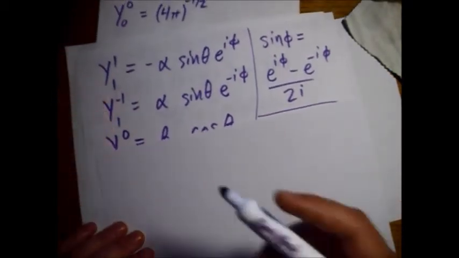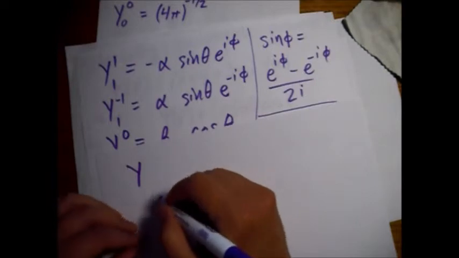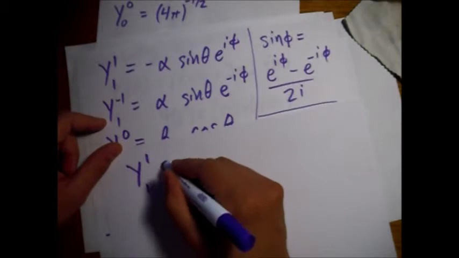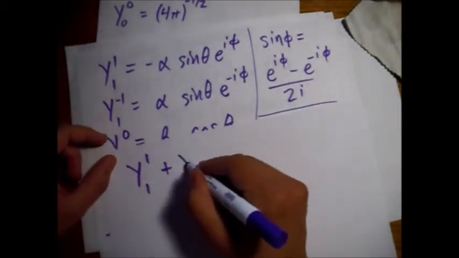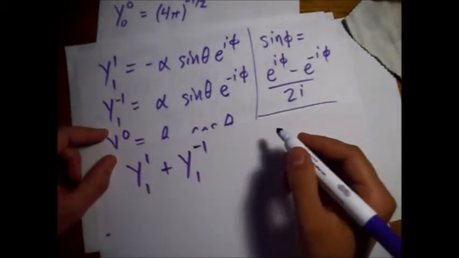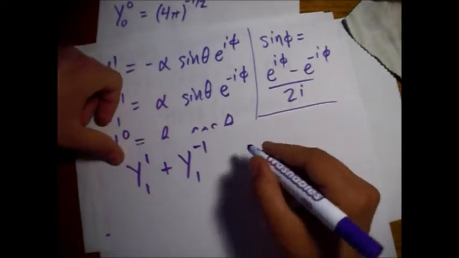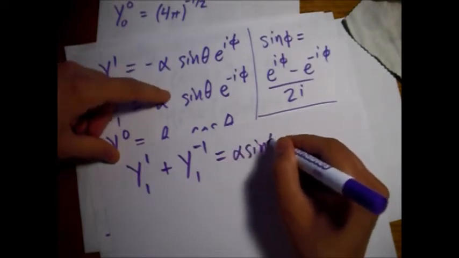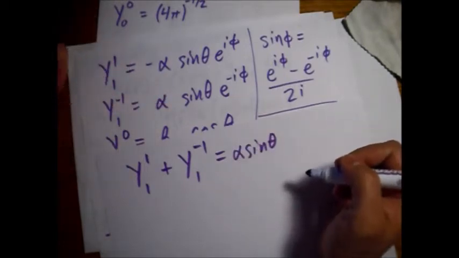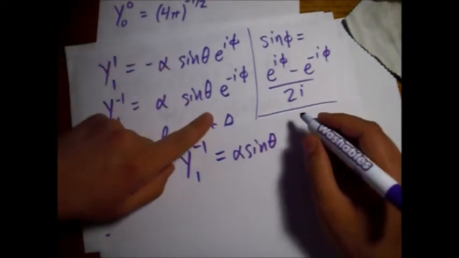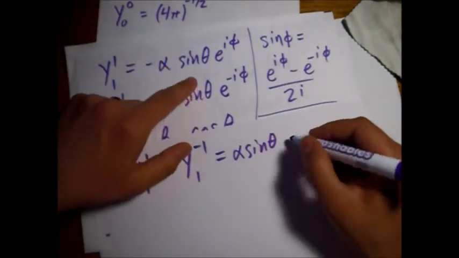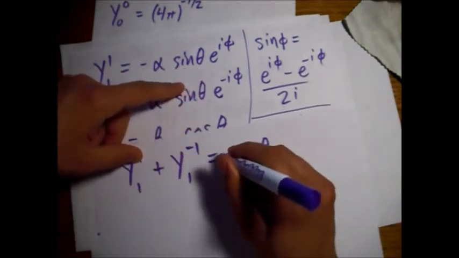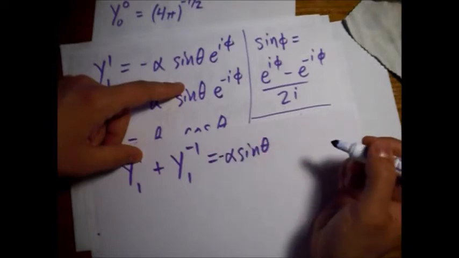All right, so we're going to take a look at what happens when we add Y11 and Y1 minus 1. Okay, so these two. What we get, well, there's an alpha sine of phi that can come out, and you know what, I'm going to bring out an extra minus sign right here, okay?